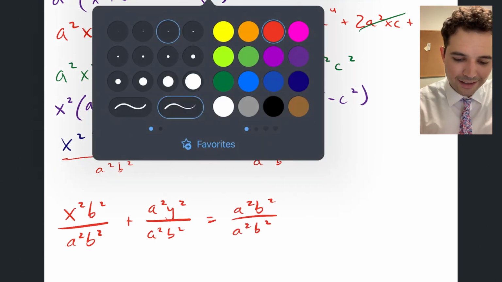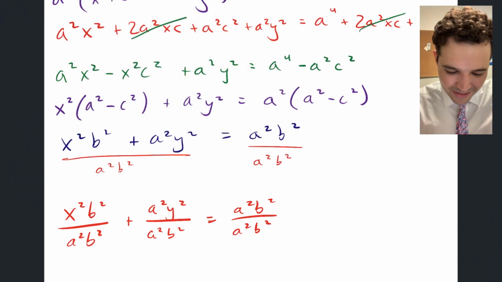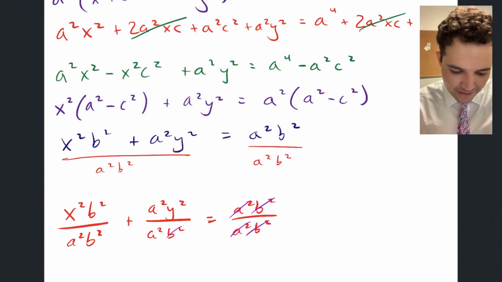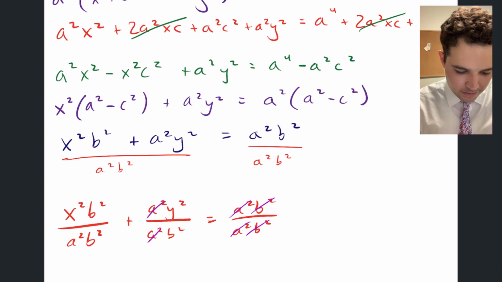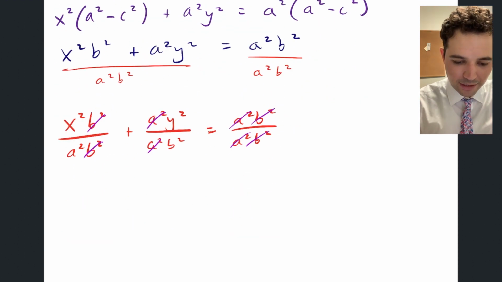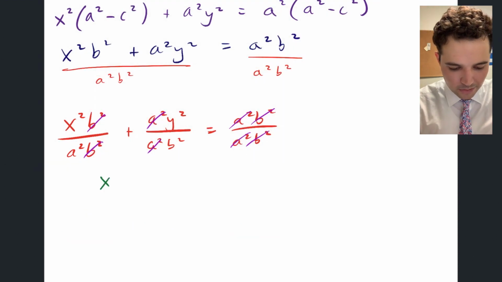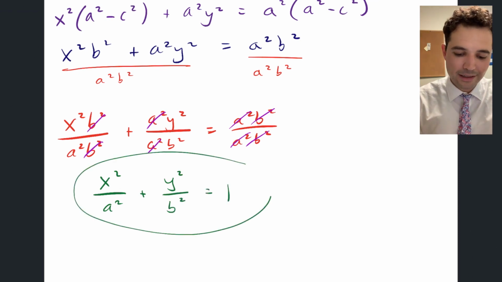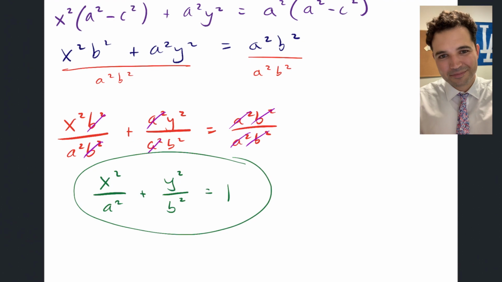And look at how these terms cancel each other out. And we are left with x squared over a squared plus y squared over b squared is equal to 1. And that's the equation for our ellipse.